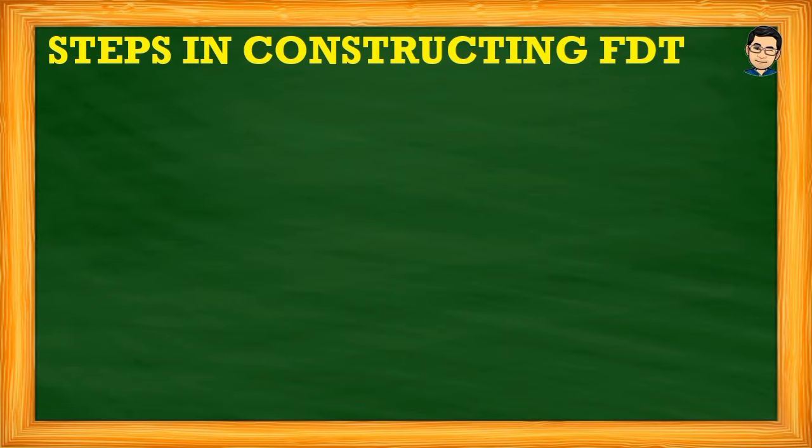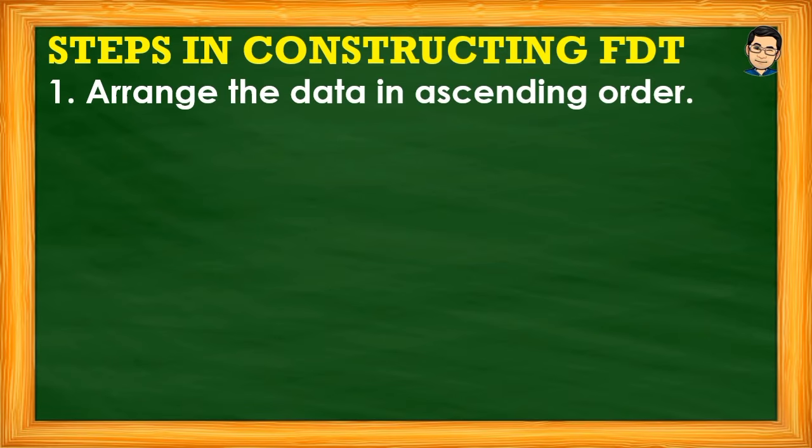So, after discussing with you the terms related to frequency distribution, we are now to discuss steps in constructing frequency distribution table. So, first step that we need to do is to arrange the data in ascending order. Ilang beses na po natin yung nakita dun sa video lessons natin on measures of position of ungrouped data.